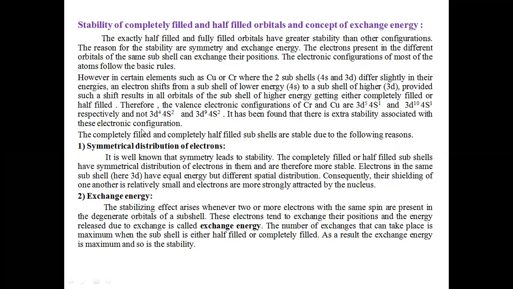The completely filled and half-filled subshells are stable due to the following reasons. Now we understood that the half-filled and completely filled orbitals are stable, but we have to study the reasons.